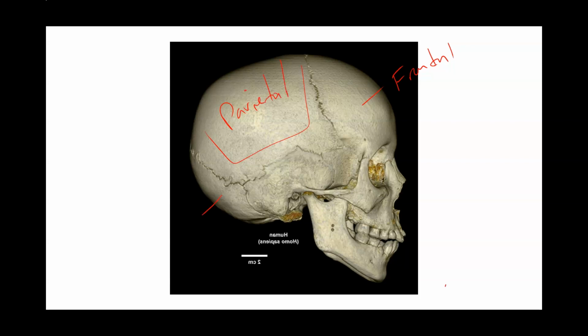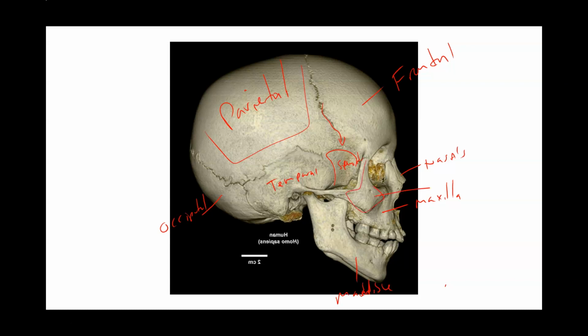Okay. Here we have the occipital. Here we have the temporal. And here's the coronal suture pointing us straight down to the sphenoid right there. Okay. We have nasals. We have the maxilla. We have the mandible. Okay.